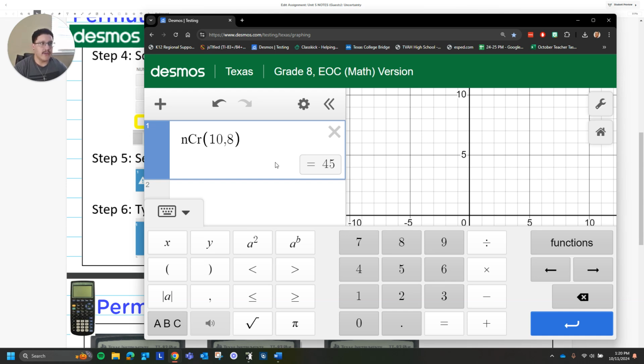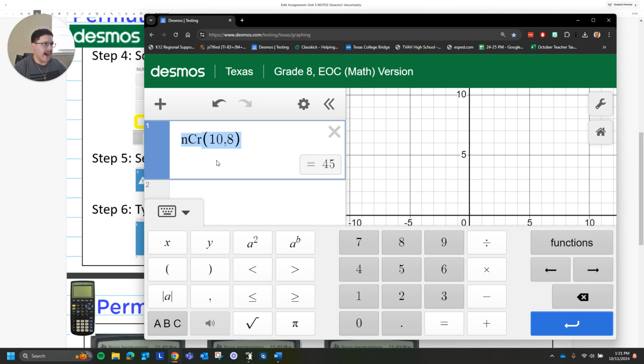For combinations, order does not matter. There's only 45 unique ways of arranging these things if order does not matter. Notice how different nPr and nCr are.